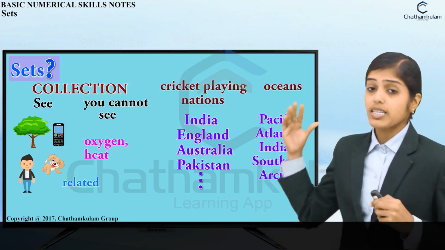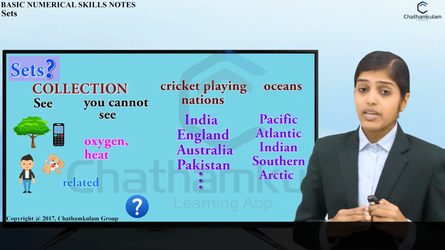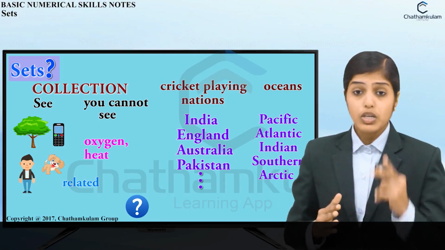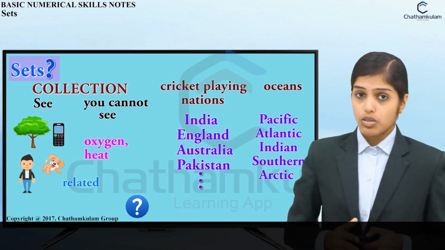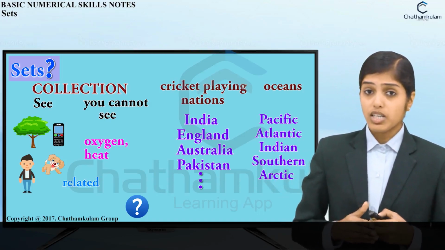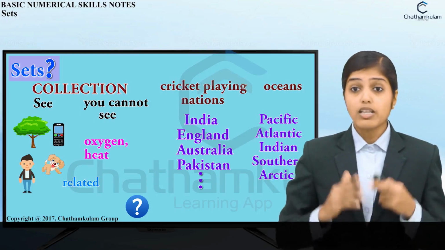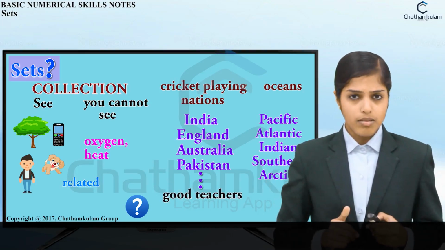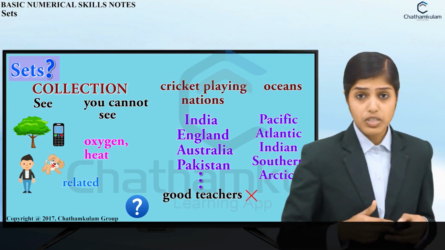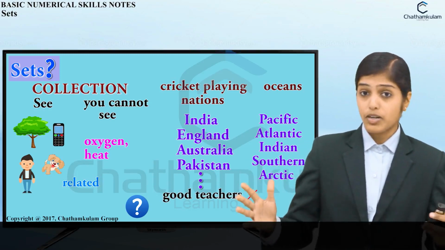Now here is an interesting question. Can we make a set of elements for all the questions you are asked? The answer is no, not necessarily. If you were asked to make a list of good teachers we know, we cannot make a set here, because my idea of a good tutor may be completely different from yours.